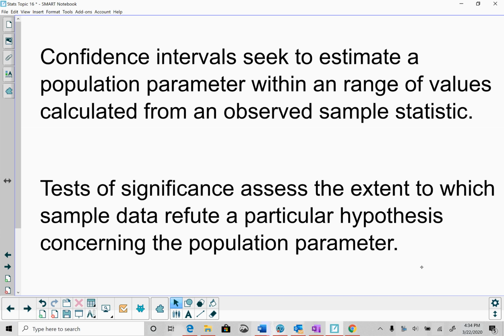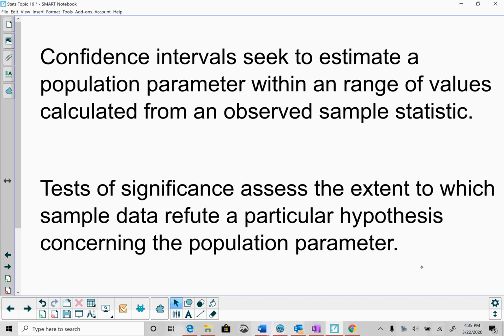So we're going to take a simple random sample, crunch those numbers, come up with a statistic, and then use that to come up with a range of values where we think the parameter is in between. That's a confidence interval.